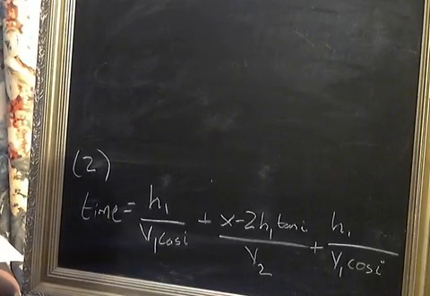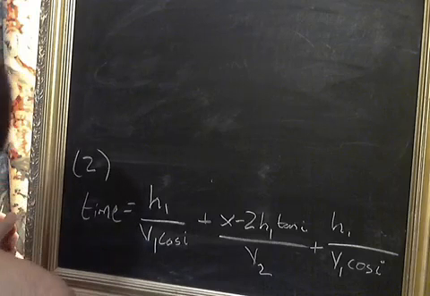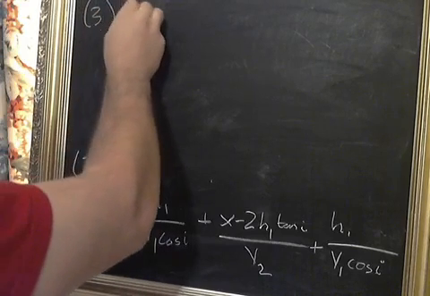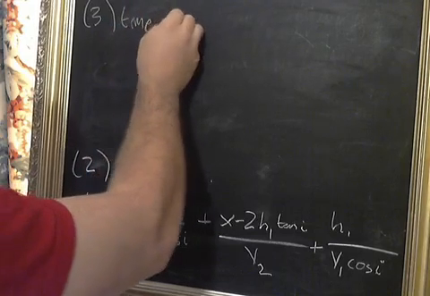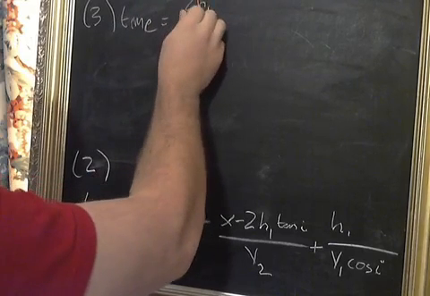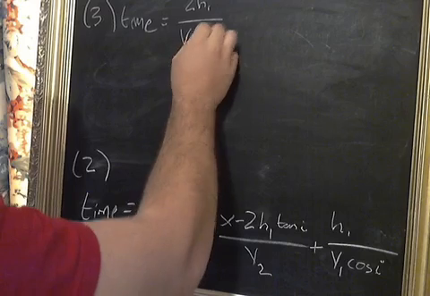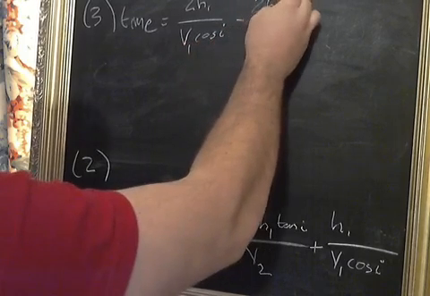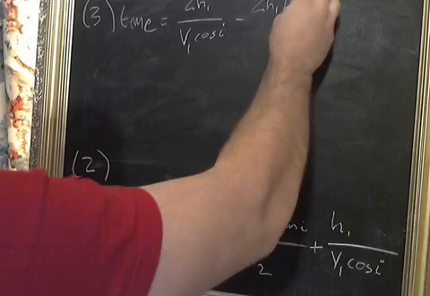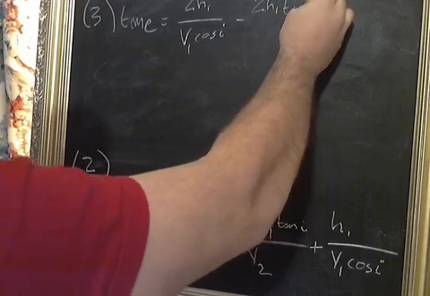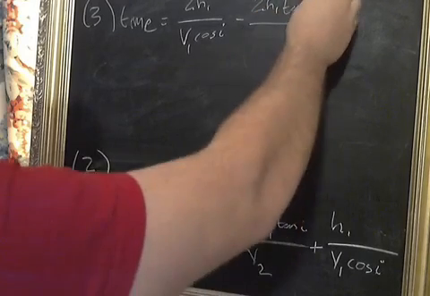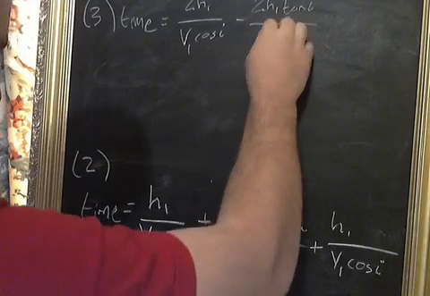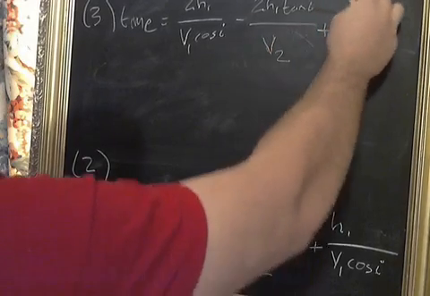Good enough. We can simplify equation 2 even further by saying equation 3: time equals 2h1 divided by v1 cosine I minus 2h1 times tangent of I divided by v2 plus x over v2.